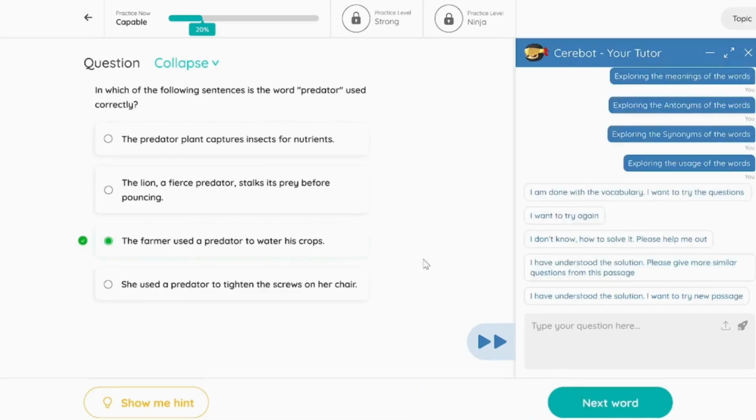Since I got everything correct, Cerebot now gives me a few options. If the student is still not confident, then they can simply click on I don't know how to solve it, please help me out, to break it down into simpler paragraphs. Let me click on this button.